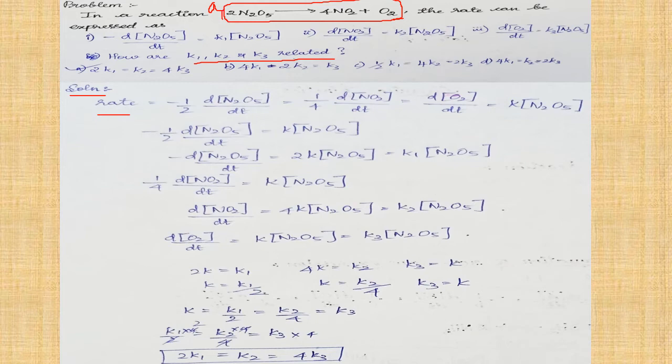This 2 is considered as small a, and N2O5 is capital A, and this is the reactant. So we write it as minus 1 by 2 dN2O5 by dt. Next, the product side we have 4. This we can consider as small b, and this we can consider as capital B, and we have 1 in place of c, and O2 we consider as capital C.